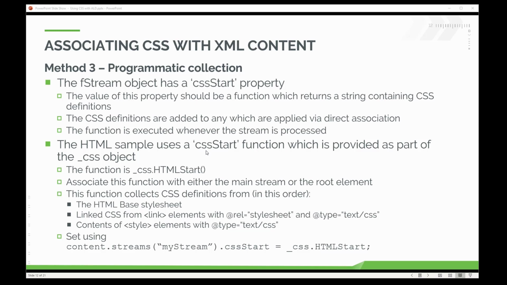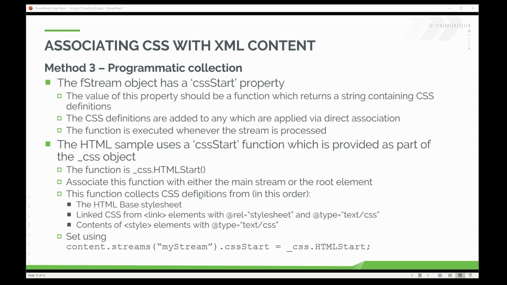The HTML sample that we ship uses the CSS start function to collect up any linked CSS and include the HTML base style sheet and any style elements which contain CSS in them inside the HTML. So this script which we provide is listed here, _css.html start.